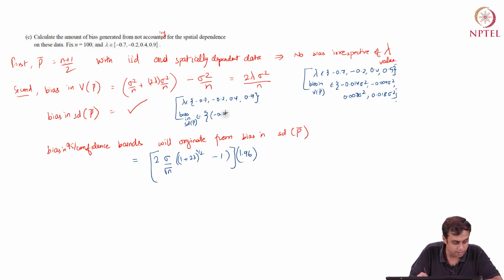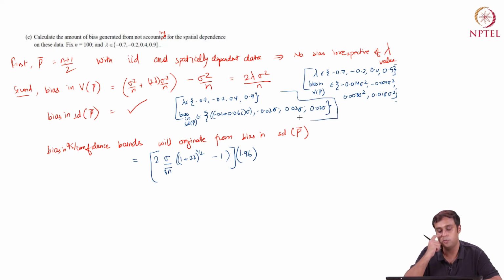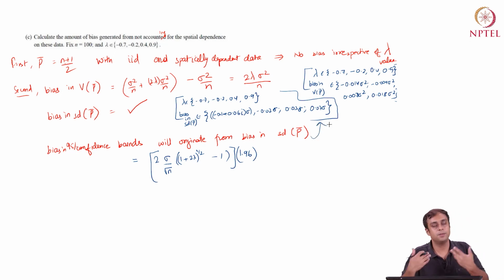So, minus 0.1 plus 0.06 iota times sigma, comma, minus 0.02 sigma, 0.03 sigma and 0.07 sigma. I strongly encourage that you go ahead and verify these solutions. The bias in the 95% confidence interval, as I've said, will simply originate from the standard deviation of p bar. So they will be simply these values, and you can carry them forward to this case.